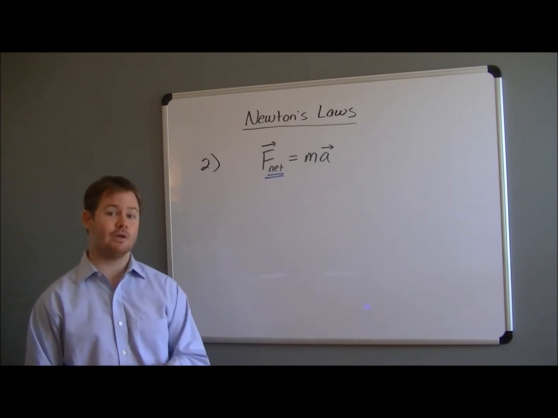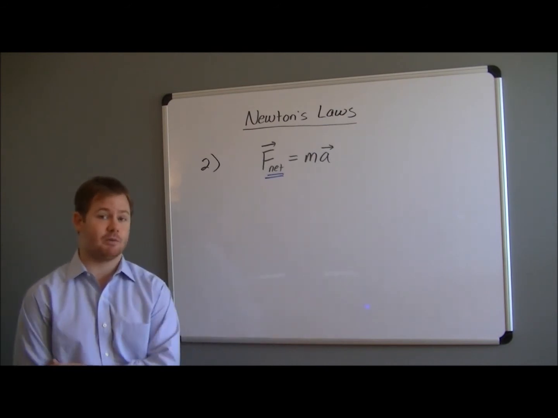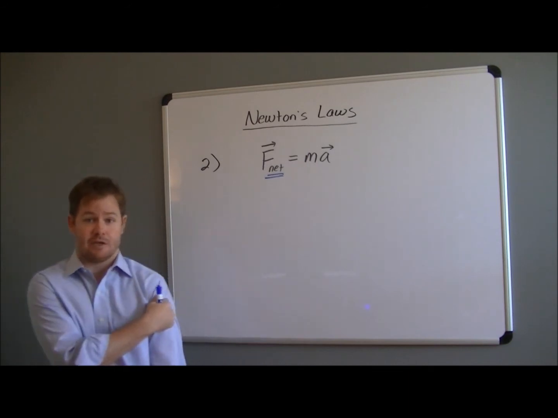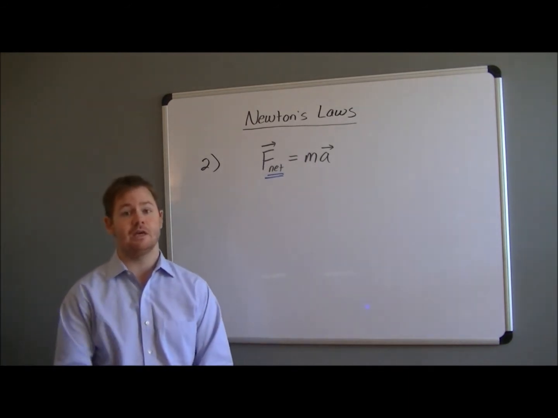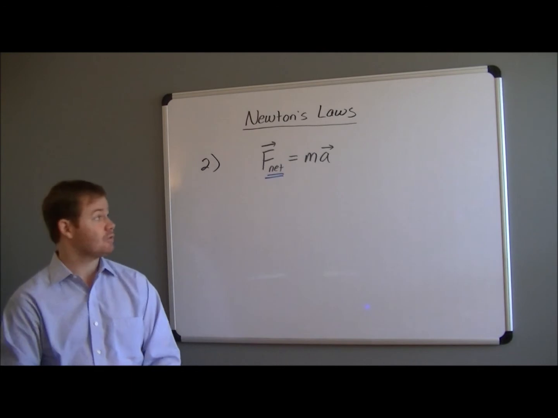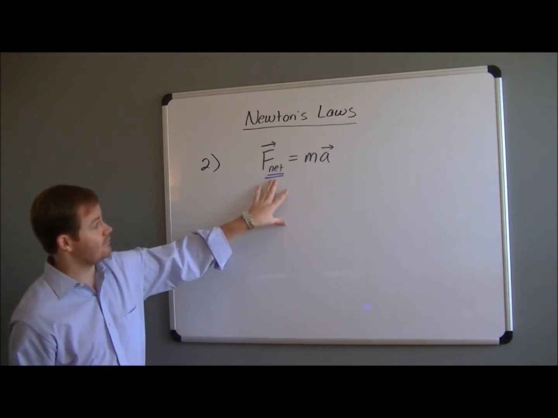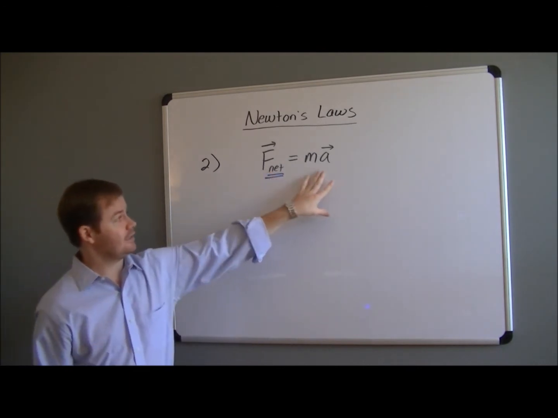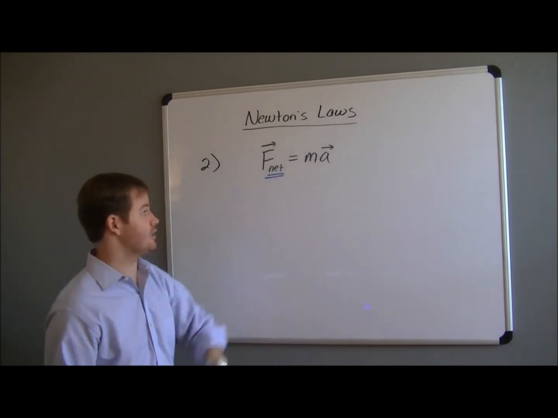But if I had only one of those forces applied, if someone pushed me, let's say, just from my left side with a force of 10 newtons, then I would accelerate as a result, because I would have a positive value for my net force, and therefore I would have a positive acceleration.